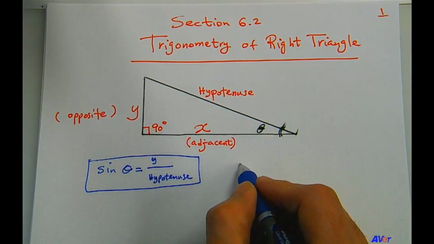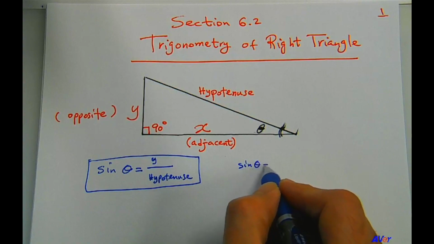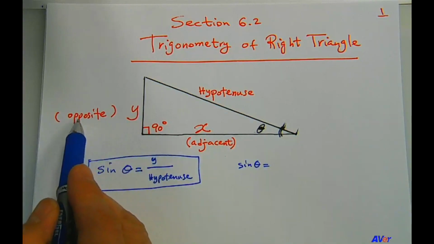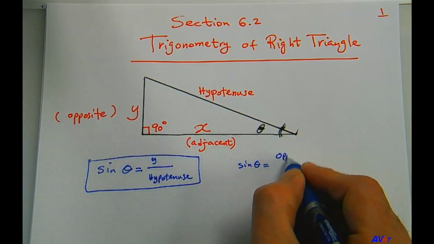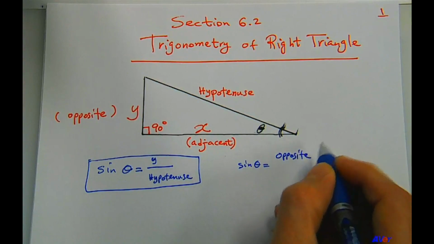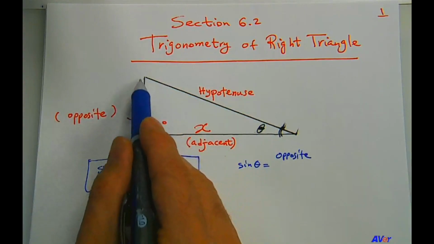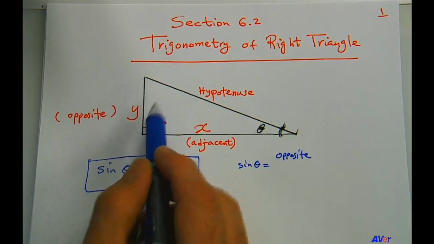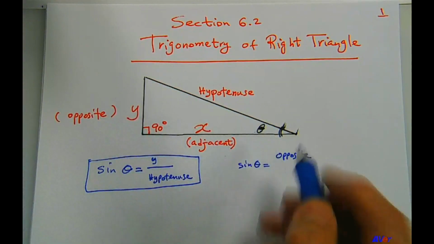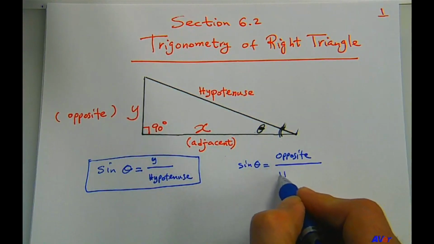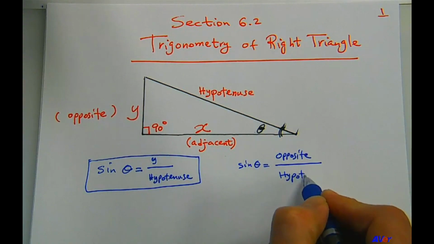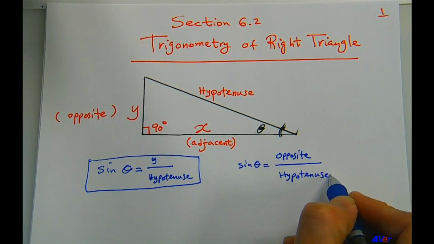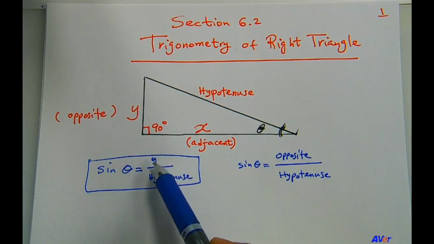Or some books write it as sine of theta is equal to the opposite. They mean the measure of the side of the triangle that is opposite to that angle divided by the hypotenuse. I personally prefer it this way.